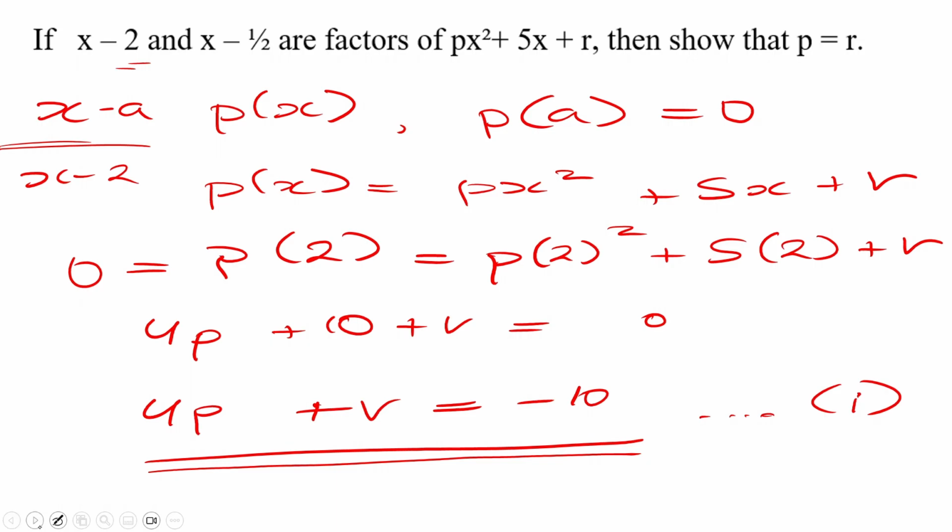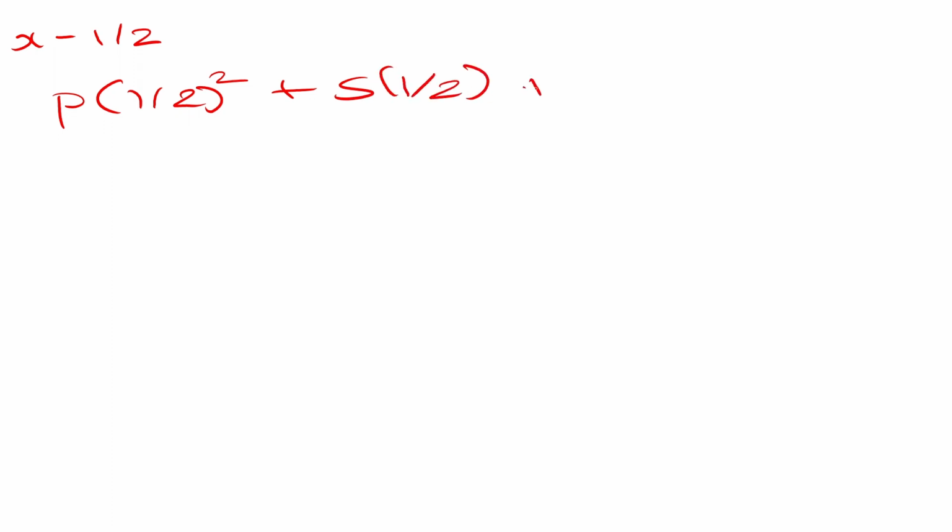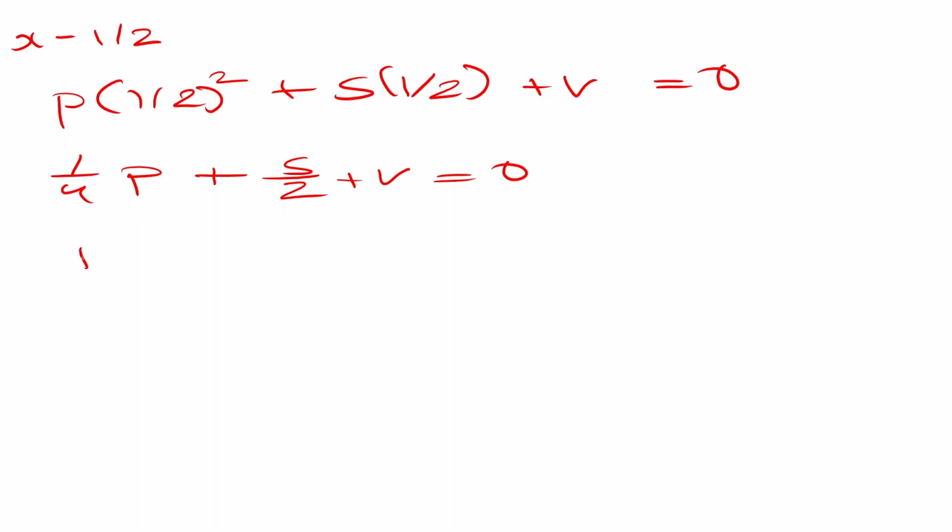Now, moving on to the second. What do we have here? x minus 1 by 2. So we have p into 1 by 2 square plus 5 into 1 by 2 plus r should be equal to 0. 1 by 2 square is nothing but 1 by 4 of p plus 5 by 2 plus r is equal to 0. Now we have to simplify this. p by 4 plus, LCM of 2 and 4 is 4, so multiply this by 2 to get 10 by 4.